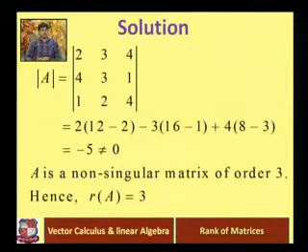So this matrix has order 3 and its determinant is non-zero. Obviously this matrix is non-singular of order 3, and that's why the rank of A is equal to 3. This means if the determinant of the matrix of its full order is non-zero, then the rank of that matrix is its order itself.